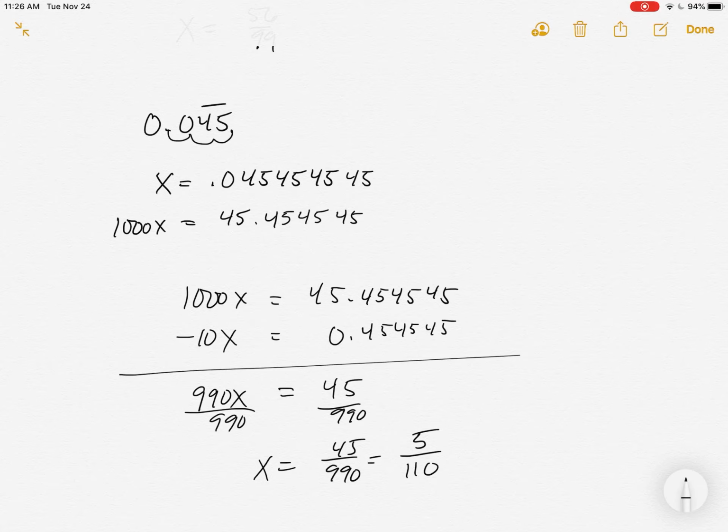So we get 5 over 110, but even that's reducible to 1 over 22, right? 1 over 22 would be the answer that they have in the back. So we're going to have to get a little bit creative. So your goal is to get this situation here, right? And so good thinking in there, trying to get that to be the way that it is.